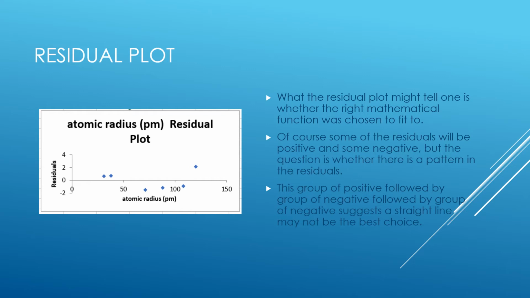And in fact, in the picture that we see here, we see one of the classic residual patterns, that there are groupings of positive residuals, negative residuals, and then more positives. If the straight line were a best choice for the function, it would be a random scattering of residuals. But here we see a pattern suggesting maybe another function is in order.